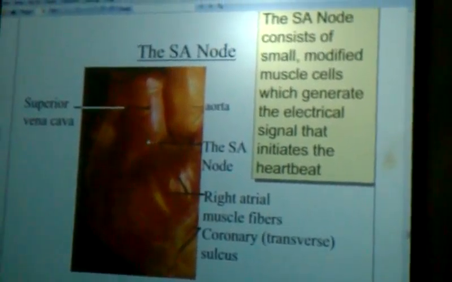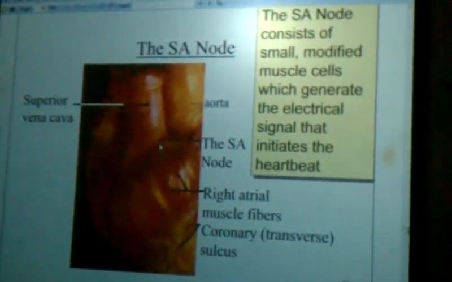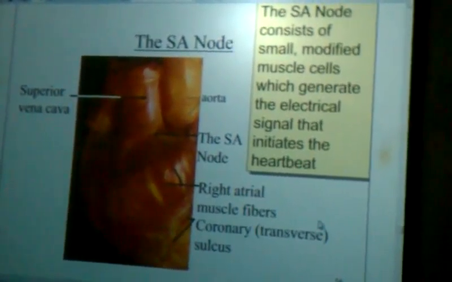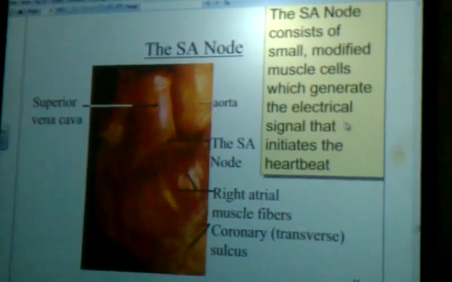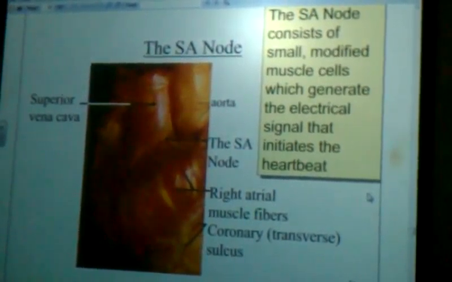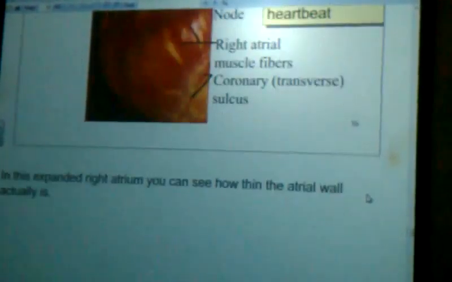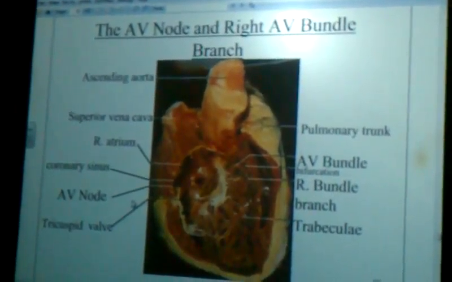The SA node is actually a tiny collection of cells in the superior part, the roof, of the right atrium. It initiates the heartbeat. It generates its own electrical signal and initiates the heartbeat.